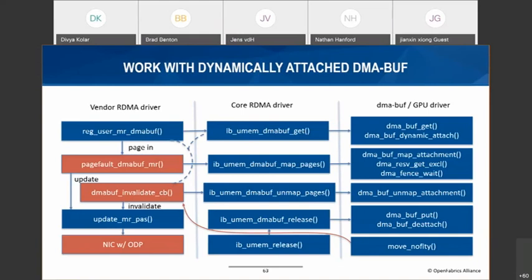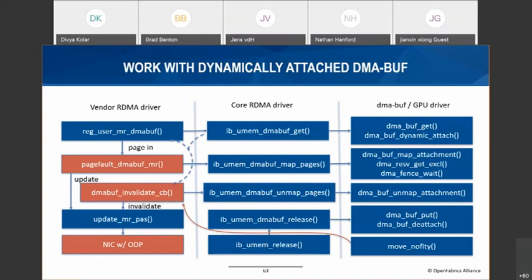There's a driver method called register user memory region DMA-BUF, and that one is implemented by every vendor driver that supports the registration of DMA-BUF based memory regions. After calling the umem DMA-BUF get function to import the DMA-BUF, it will also call the page fault handler to do the initial paging for all the pages.